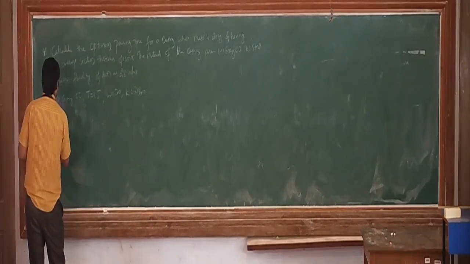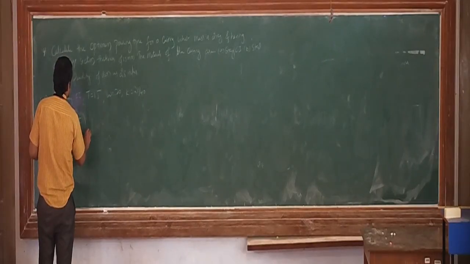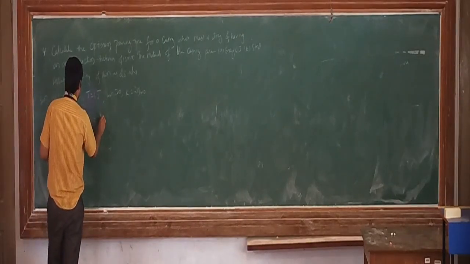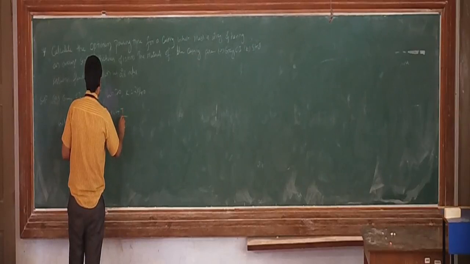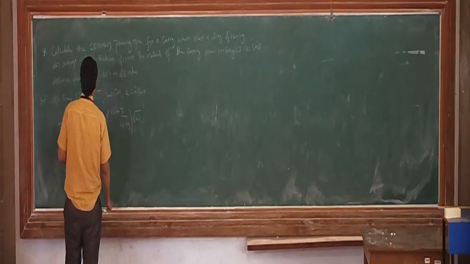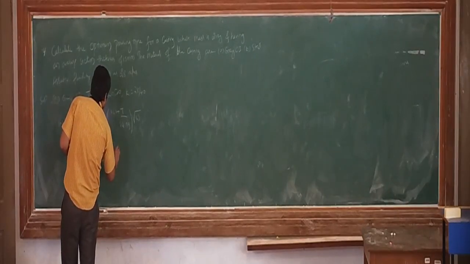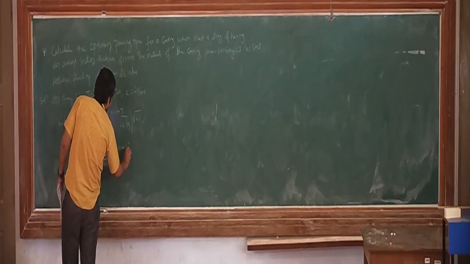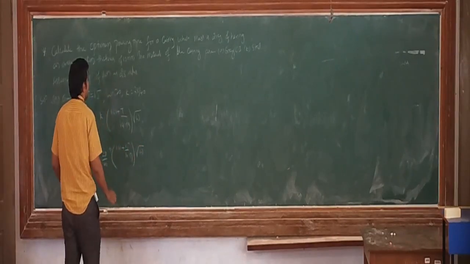We know that pouring time for cast iron below 450 kg is equal to K into (1.41 plus T divided by 14.59) whole multiplied by square root of W. So K is 28 divided by 40 and this is 1.41 plus 15 divided by 14.59 into square root of 20.